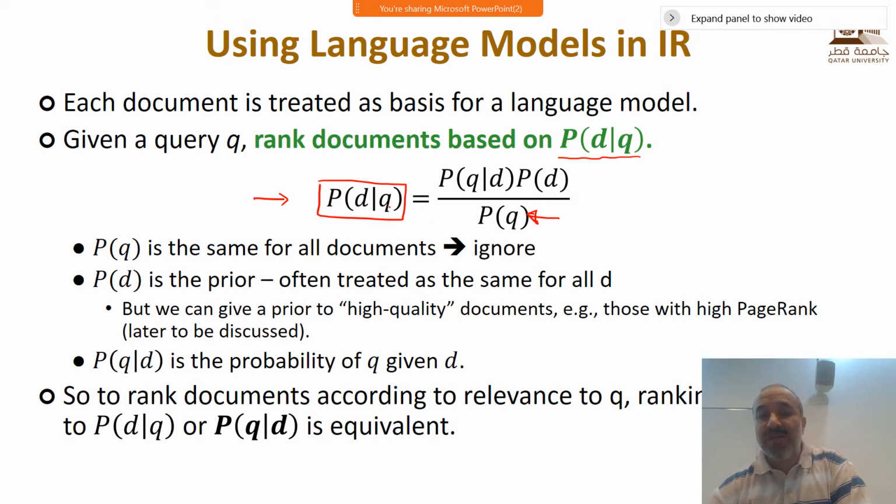So given that query, this will be in the denominator for all of them. It will be the same, whether it's small or not. So it will not change the relative ranking of the documents. So this one, we don't even need to estimate because it's constant across different documents. Now, what is this?